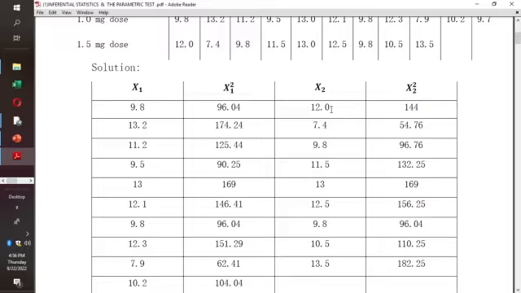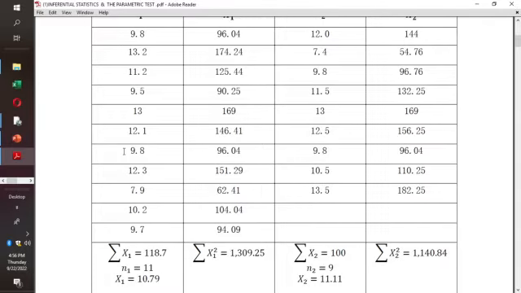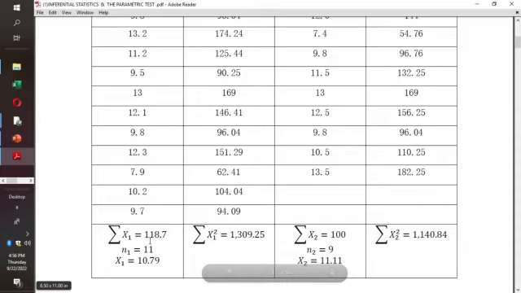So in group 1, the summation of x sub 1 is equal to 118.7. The number of observations in group 1 is 11, and the mean x̄1 is equal to 10.79.